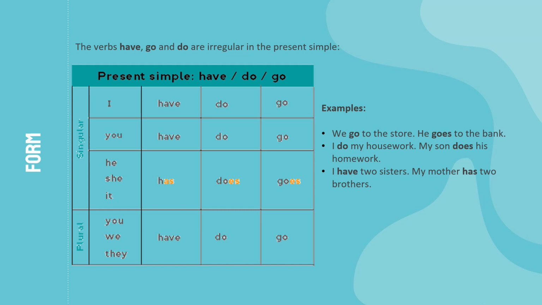If the subject is singular, he, she, it, the form have becomes has, do becomes does, go becomes goes.